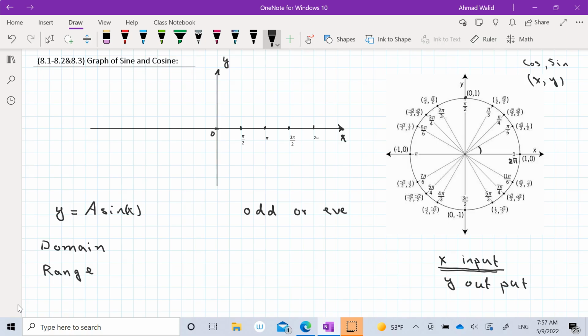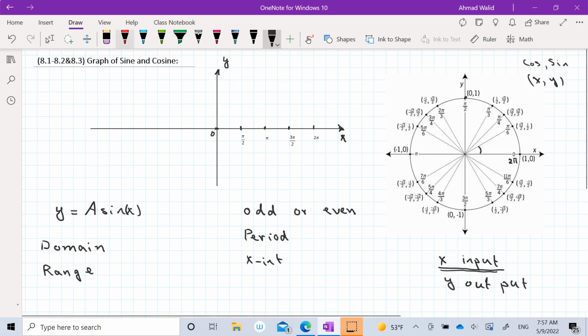We don't know yet, but based on the shape, we will check. The period, which means one cycle that the graph completes. I will explain what is the period for the sine. The x-intercept for the sine and key points, which we will explain soon.